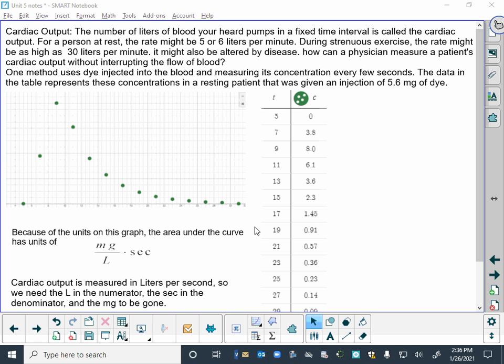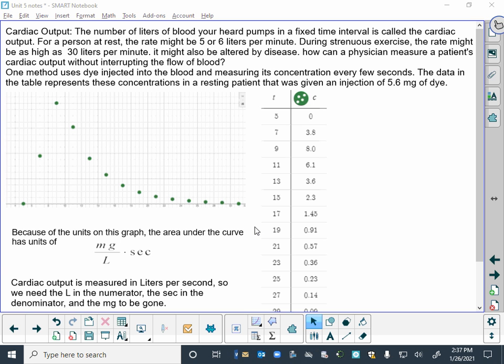For this, what we need to know is that we're trying to measure the cardiac output, how much blood is flowing through the heart in any given second, and give some standard measurements up there. One way to do this is to inject the patient with some dye, and then every few seconds you measure the concentration of the dye as it comes out of the heart.